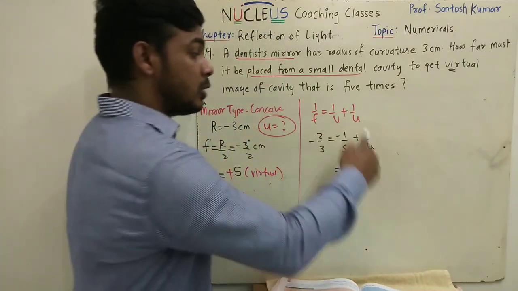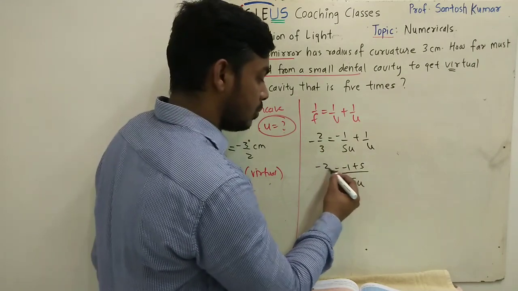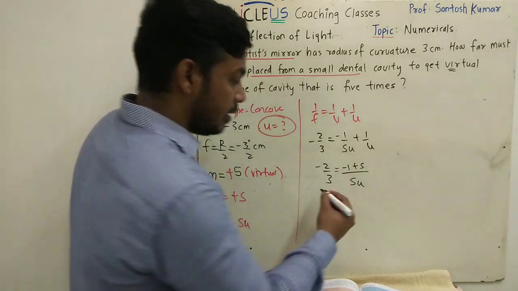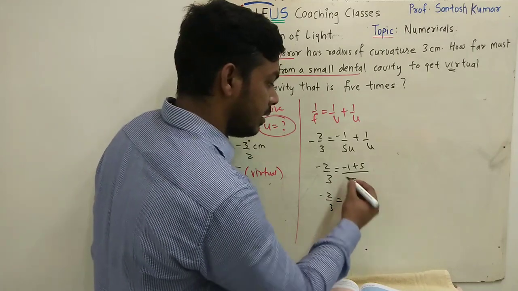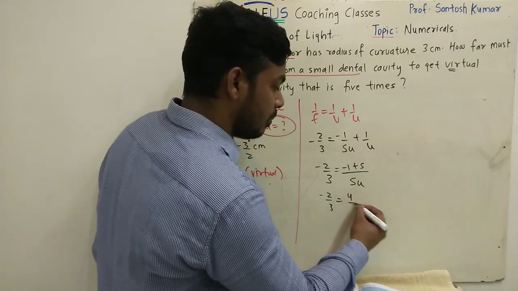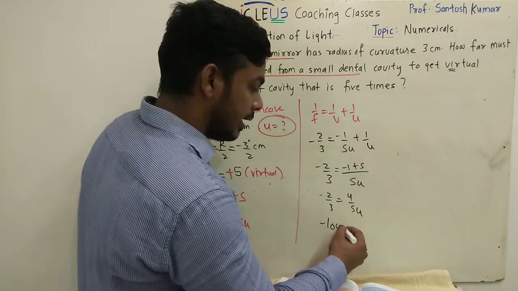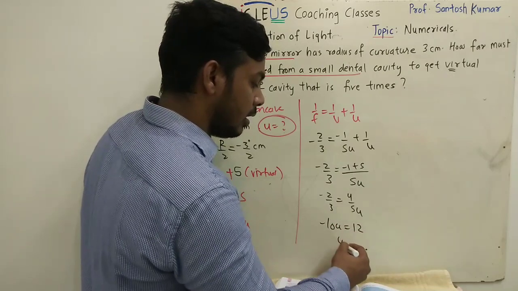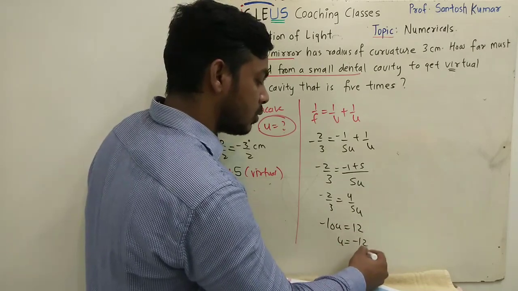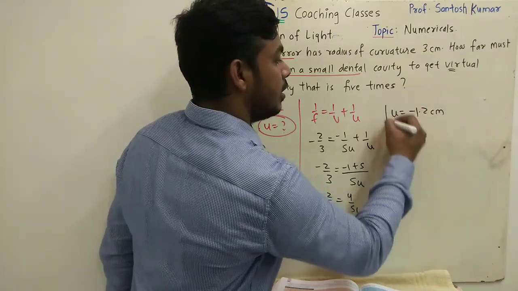Remember, you can solve this mathematical equation by your own method. So -2/3 equals -1 plus 5, which gives 4/(5u). So 5 times 2 is -10u, and 4 times 3 is 12. And the value of u will be -12/10. So the value of u is -1.2 centimeter.